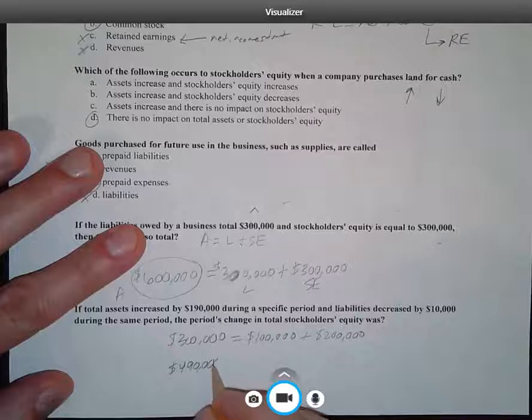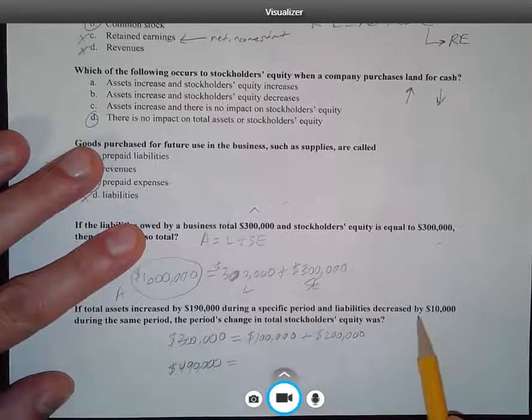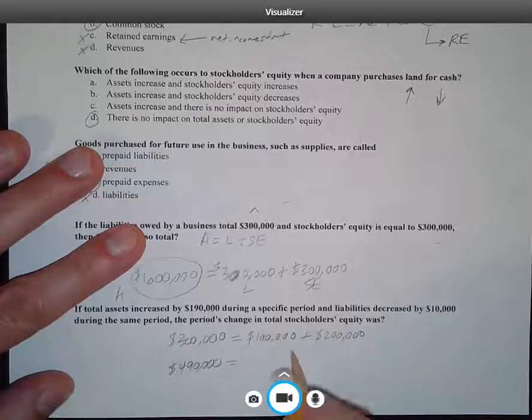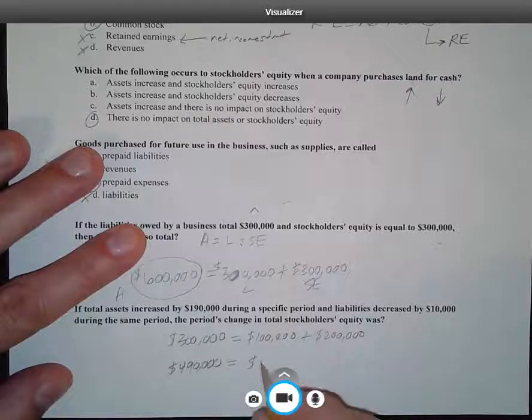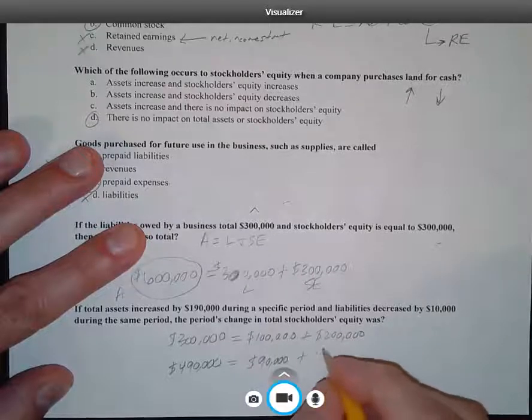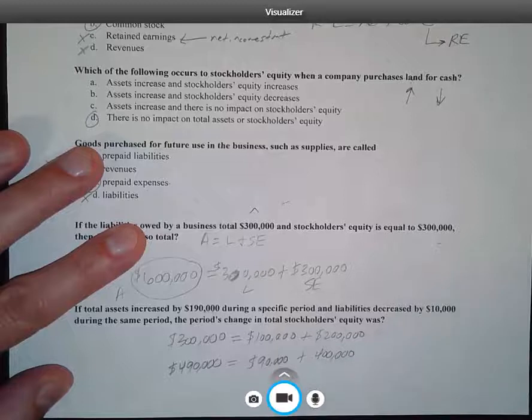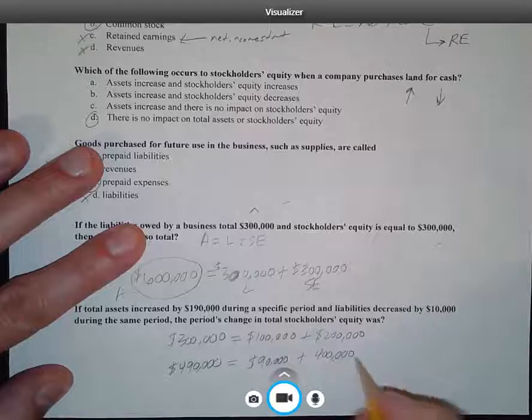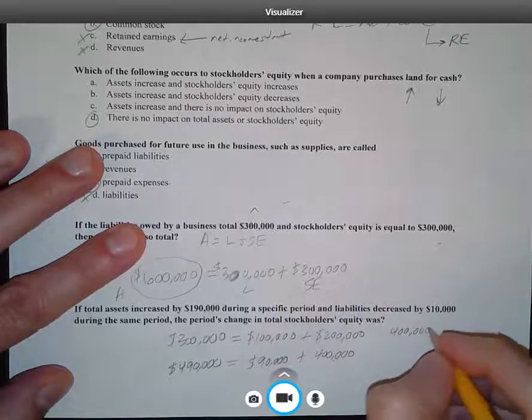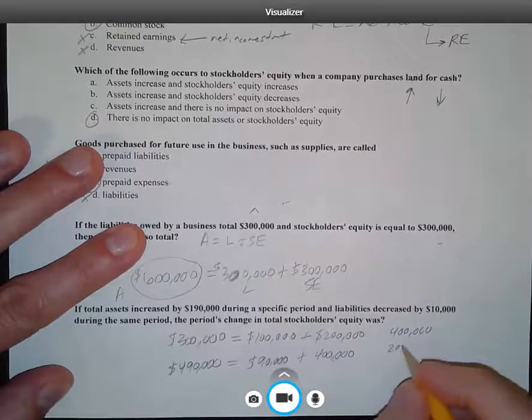It says my assets increased by $190,000, so assets are now $490,000. It also says that liabilities decreased by $10,000, so I know that liabilities went from $100,000 to $90,000. And if this is true, stockholders' equity must be $400,000. Now be careful, because 400,000 is not your correct answer. The correct answer is 400,000 minus the original $200,000.